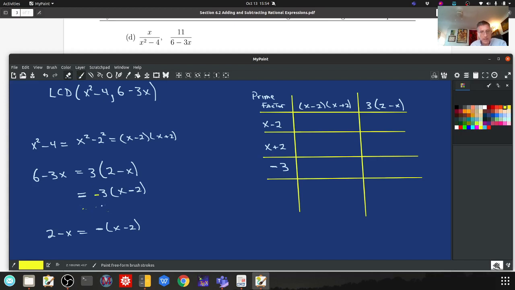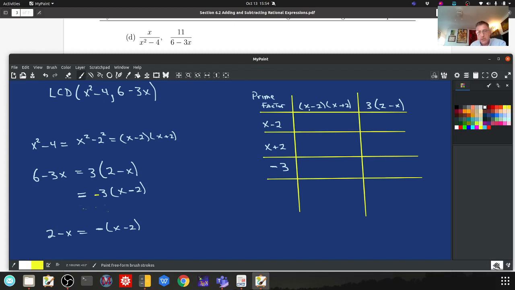So it's equal to minus 3 times x minus 2. So another prime factor is going to be minus 3. Now if you wanted, you could literally write a prime factor is minus 1 and then 3, but that's too much. So now we're ready to go ahead and fill out our table over here.